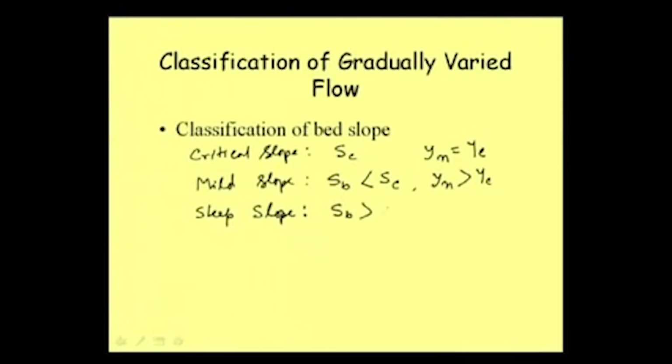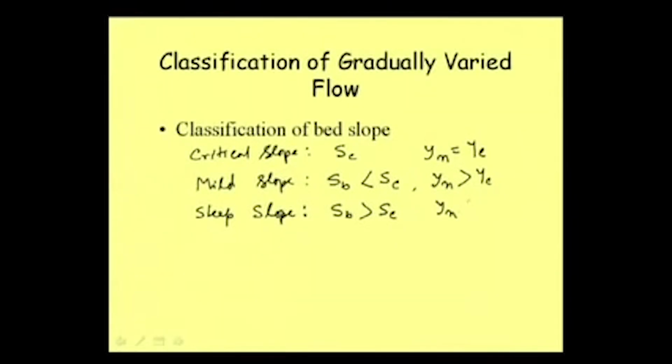Steep slope means when our bed slope is greater than the critical slope, meaning steeper than the critical slope. So, S_b is greater than the critical slope S_c, and obviously, suppose we are getting a uniform flow at a particular depth equal to normal depth, then when we increase our slope, normal depth will come down, meaning Y_n will become less than Y_c. So, these are three different slopes that we are getting: critical slope, mild slope and steep slope.